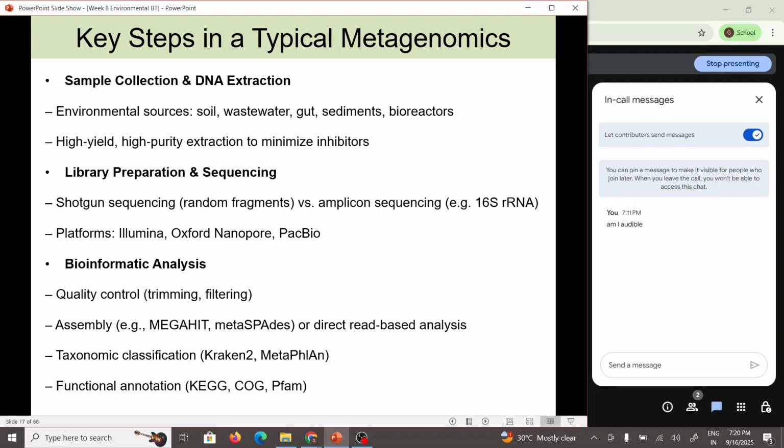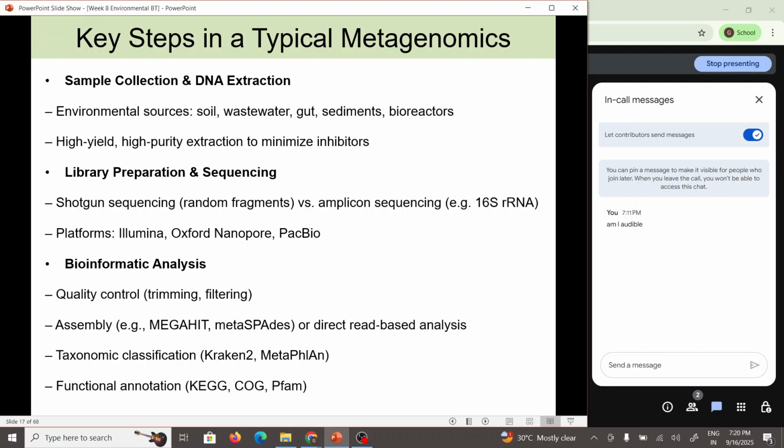Whereas we also have amplicon sequencing, where we use some primers. The example given here is 16S rRNA, which is a universal marker that's present in most of the prokaryotes. Another advantage is the 16S rRNA has both conserved regions as well as variable regions.